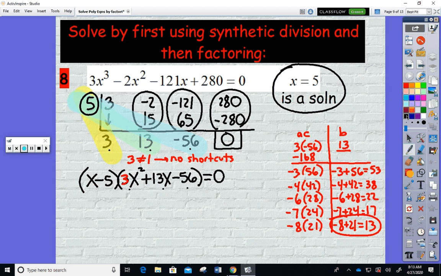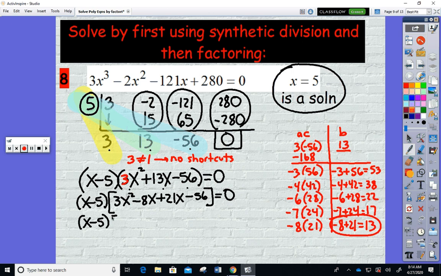I'm going to have to recopy my x minus 5. Let me make this 3x squared minus 8x plus 21x, and then minus 56. Right there, you could have said plus 21, then minus 8, and you might feel like that would make it factor faster.